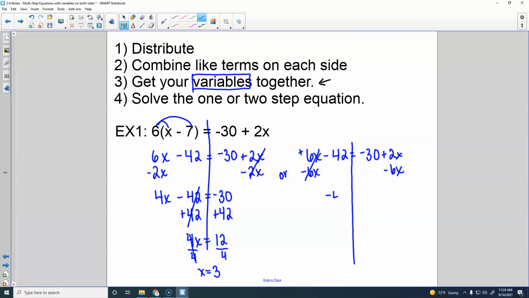So that'd just leave a negative 42 over here on the left. I'd have negative 30, and then I'd have minus 4x. This would be fine though, because if you add 30, you get negative 12 equals negative 4x, and you divide by negative 4, and so you would get a positive 3. Equals x. So either one will give you the correct answer.